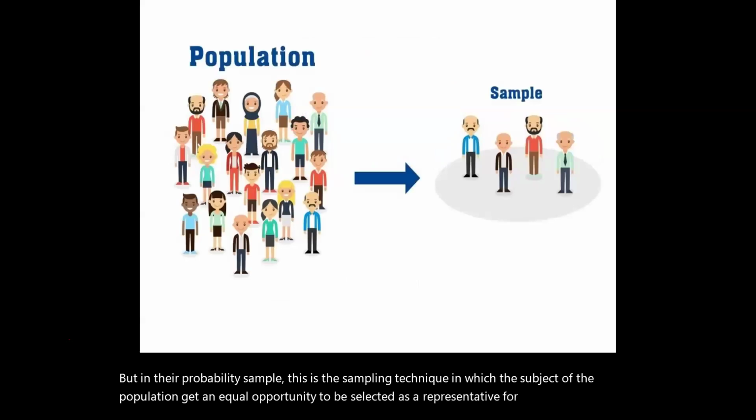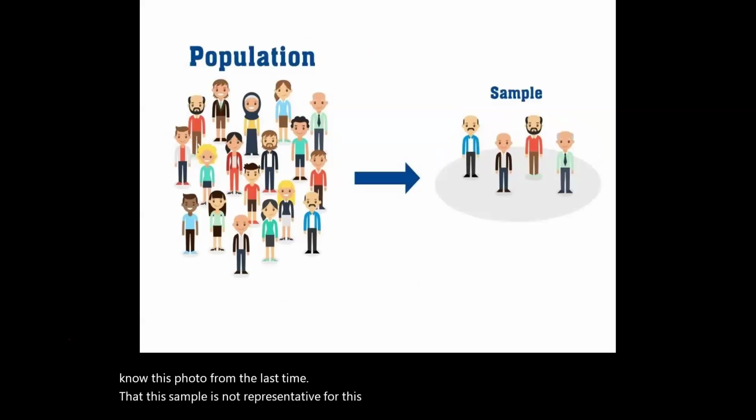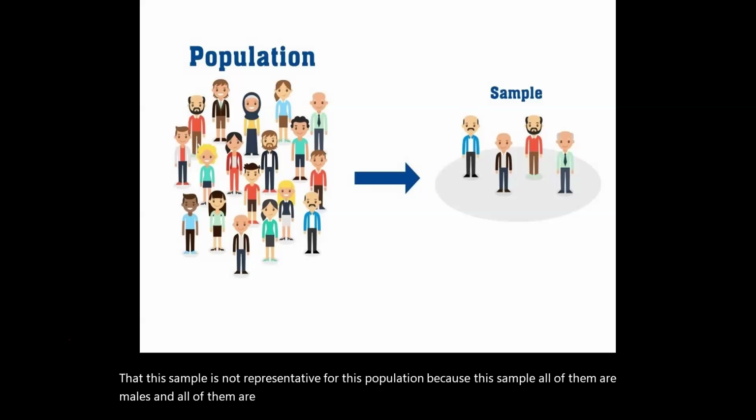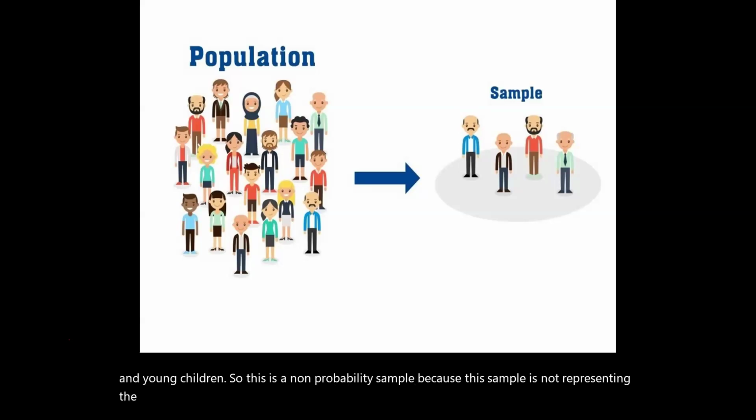And you know this photo from the last time, that this sample is not representative of this population, because in this sample, all of them are males and all of them are adults, and the population contains females and contains adults and young children. So this is a non-probability sample, because this sample is not representing the whole population, but it can be used.